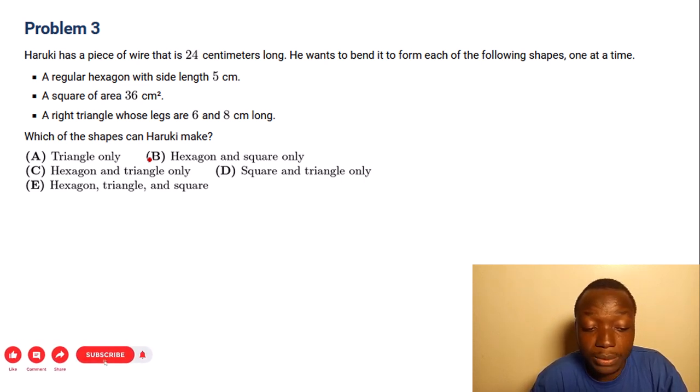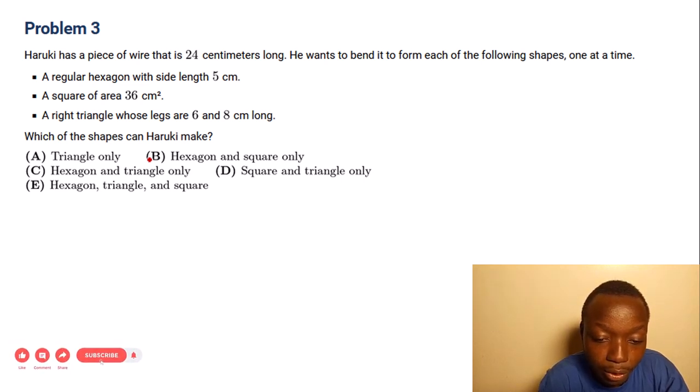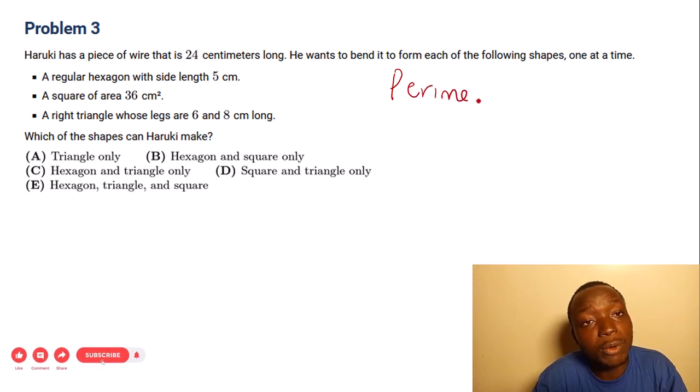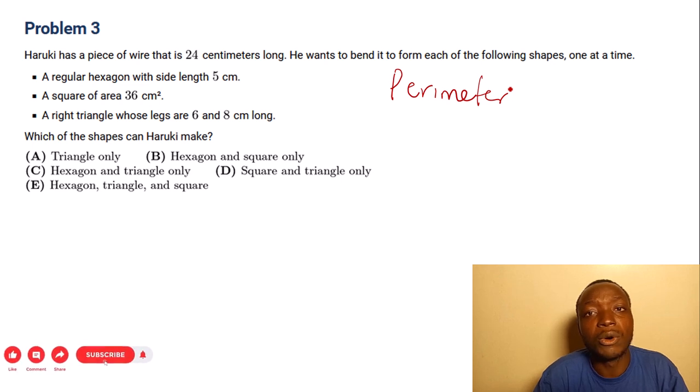Which of the shapes can Haruki make? The basic concept being tested here is perimeter. Your knowledge of perimeter is being tested here because the wire is 24 cm long. So whatever shape he's going to form will have to be 24 cm in perimeter.